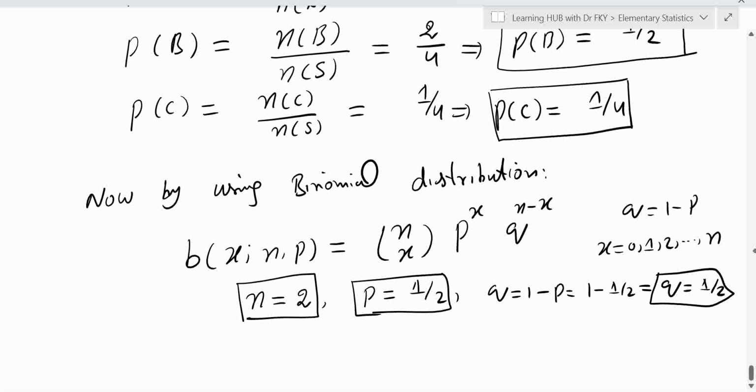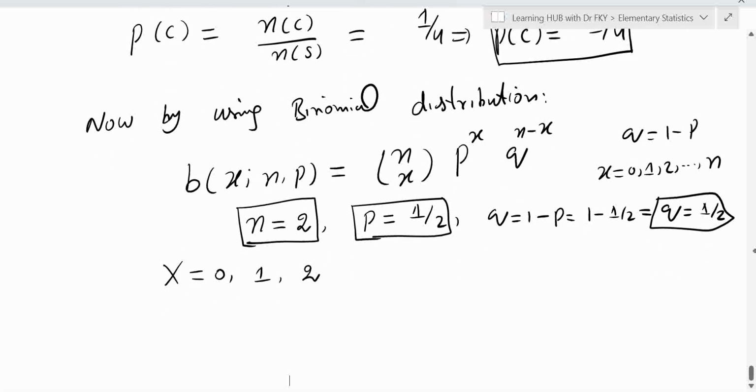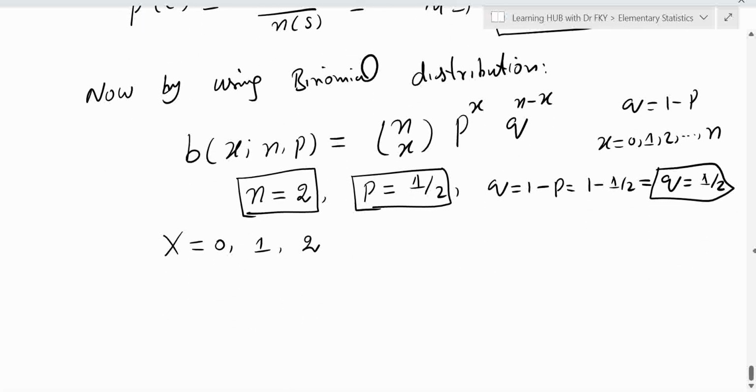And now we need to calculate the probability for x. Remember that x can take values 0 number of heads, 1 number of head, and 2 number of heads in this experiment. So what you need to do is just put these different values of x in this function, and you will get the probabilities. Let's suppose x equal to 0.